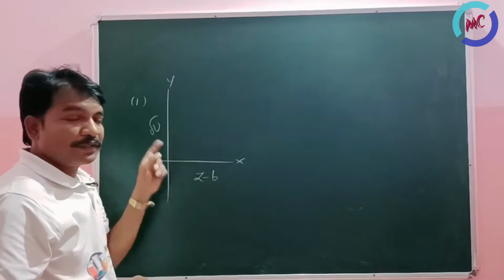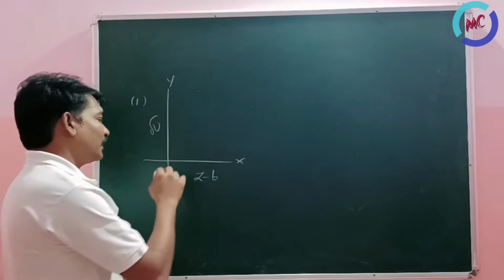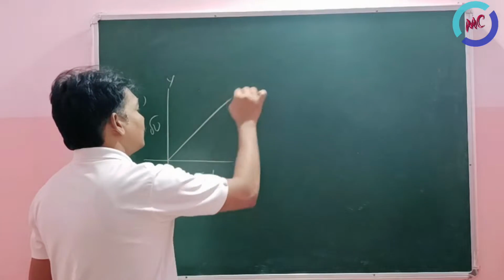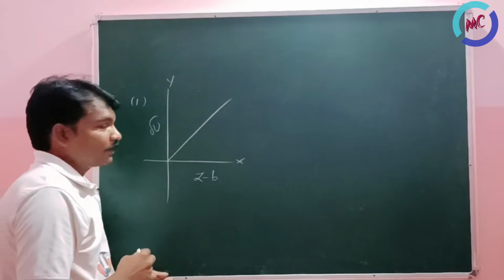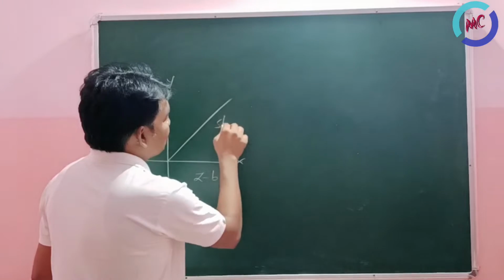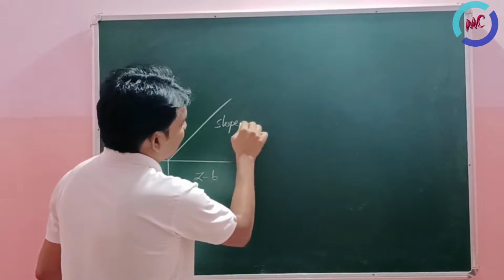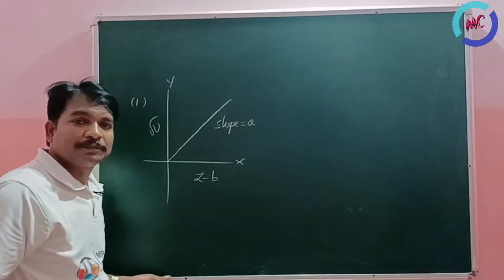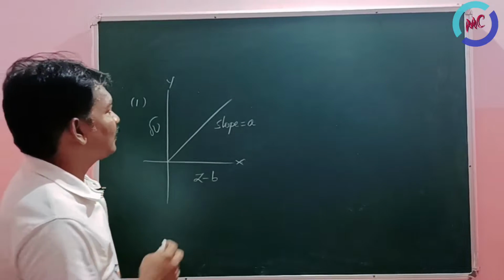These two are proportional to each other. That's why the graph is a straight line passing through the origin. Okay, and here the slope is the constant A.